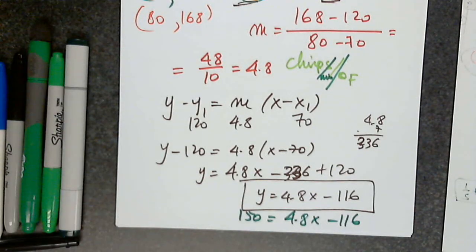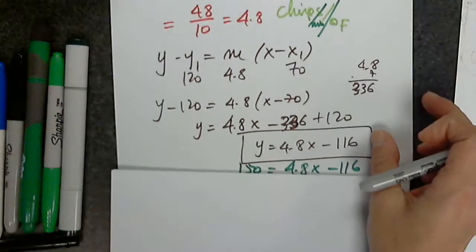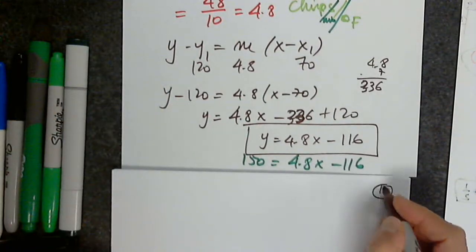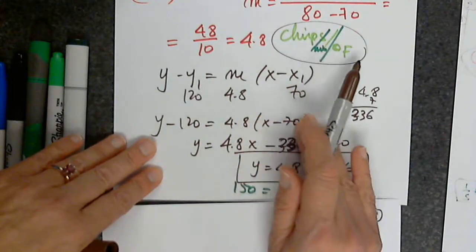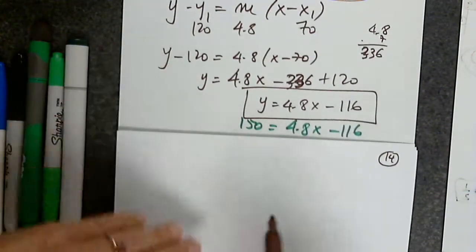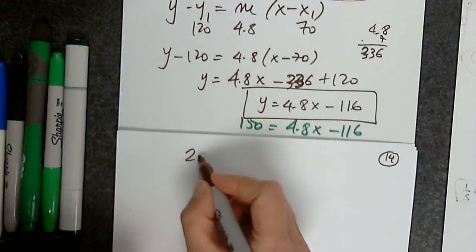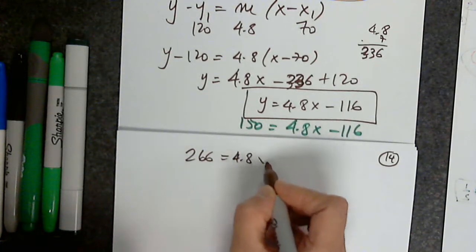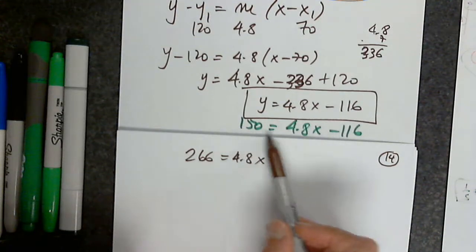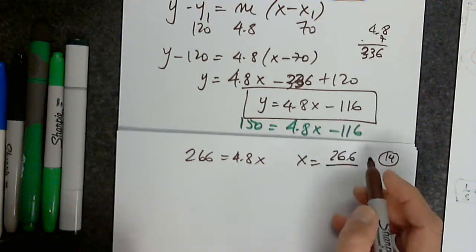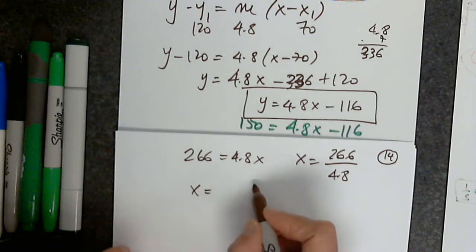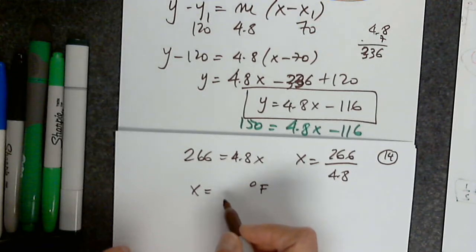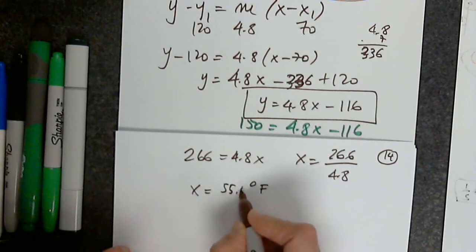And they're asking us, since I do have a few seconds left, so let's finish it up. Please correct the measurement unit: chirps per minute per degree. Okay, so I'm adding 116, so I get 266 equals 4.8x. Correct me if I'm wrong, 266, yes. So x equals 266 divided by 4.8. So what is the temperature? 55.4 degrees.